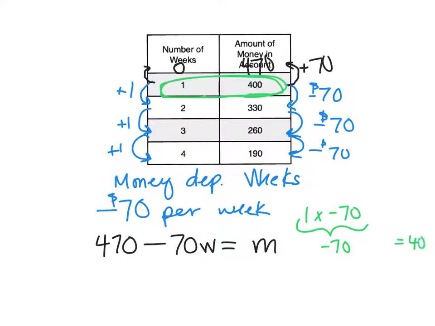So that means something has to be there in order to get to 400. And that something is 470. So that's what we must have in the account if when I spend 70, I now have 400 in the account. So you can either work your way backwards to 0 or use the unit rate and try to figure out what that gap is in order to match the table.